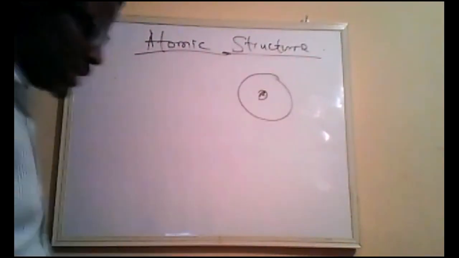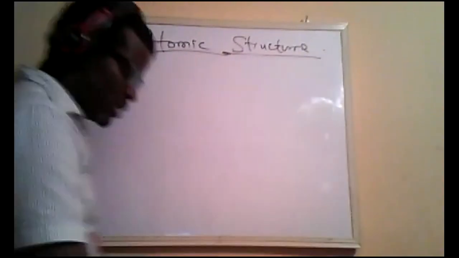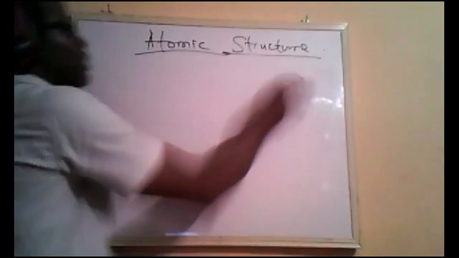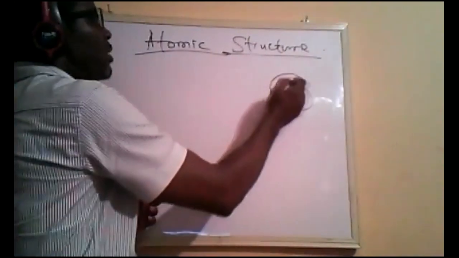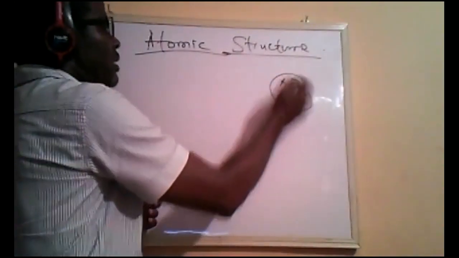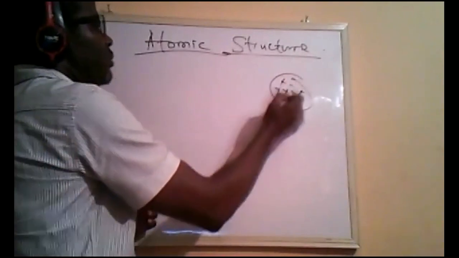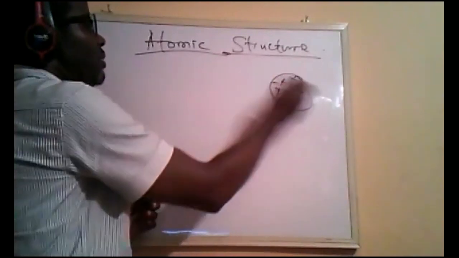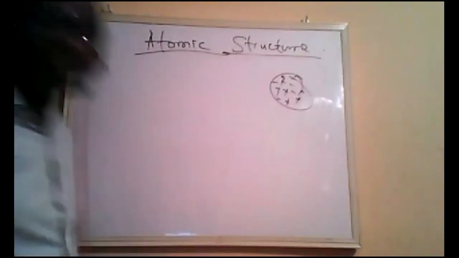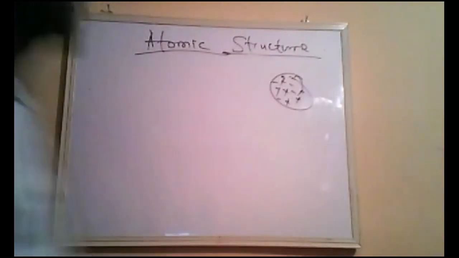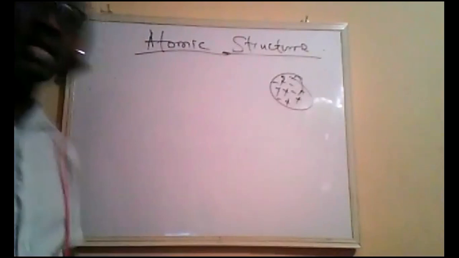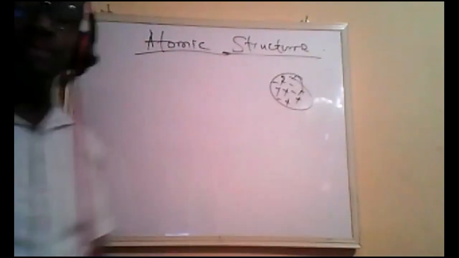Even before Dalton, the plum pudding model described an atom made up of positive and negative charges scattered around to make the atom electrically neutral. Actually, the number of positive charges equals the number of negative charges.